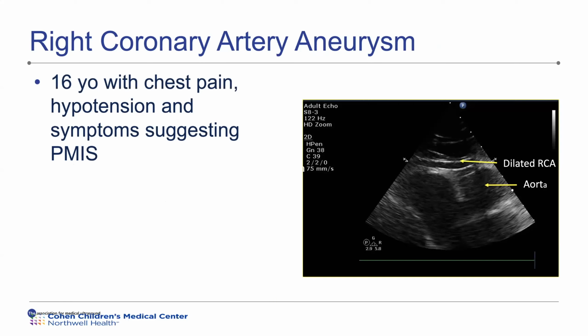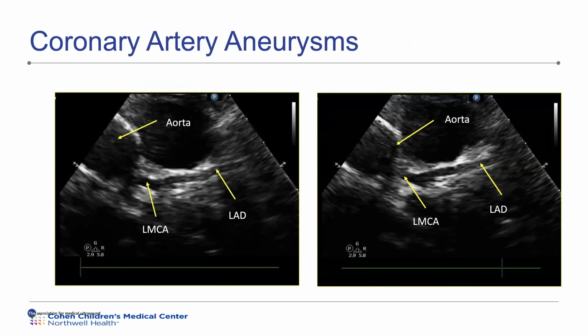And this was interesting. This is an unusual appearance of a dilated right coronary artery. There is failure of the normal tapering of the coronary artery here, consistent with dilatation. And here in that patient, we also see dilatation of the left coronary artery. And again, the absence of tapering and dilatation are consistent with aneurysmal formation in this patient.